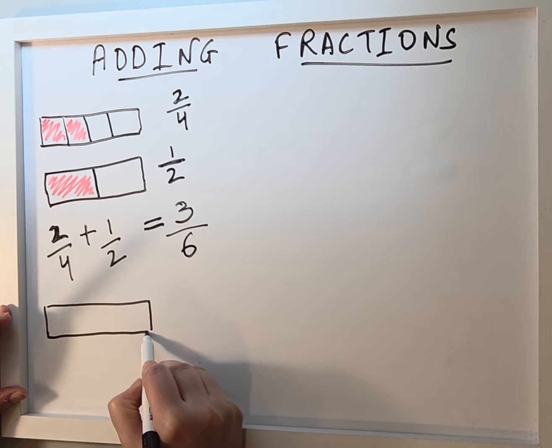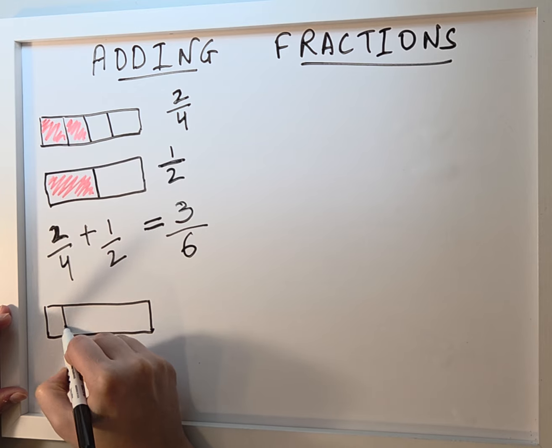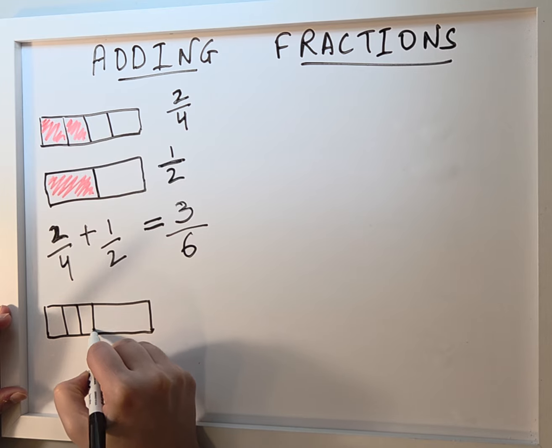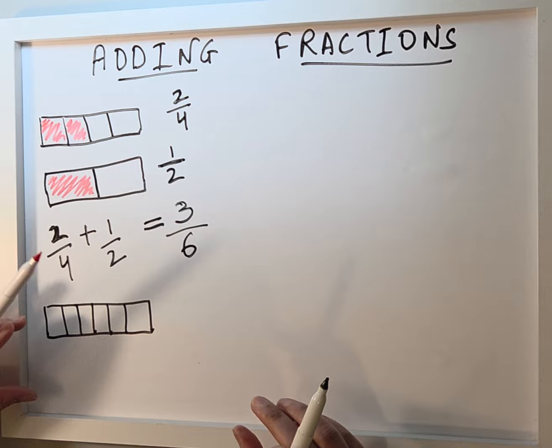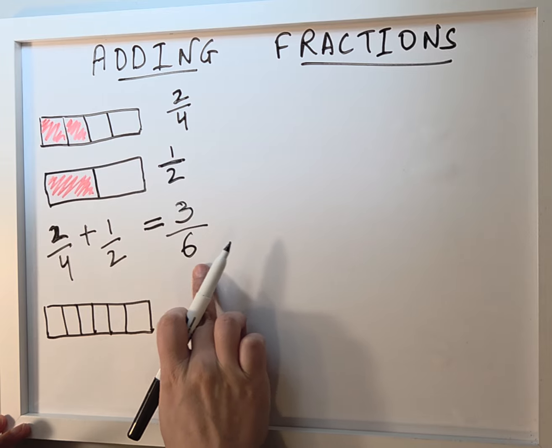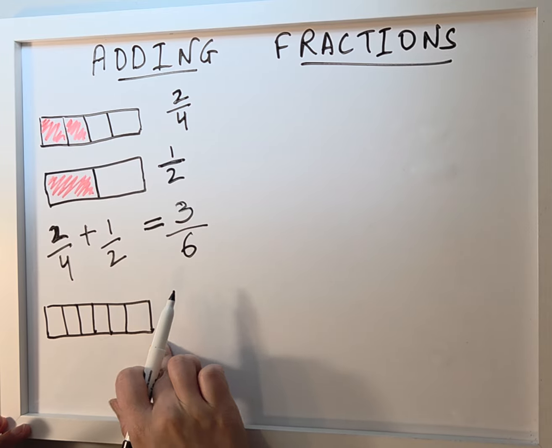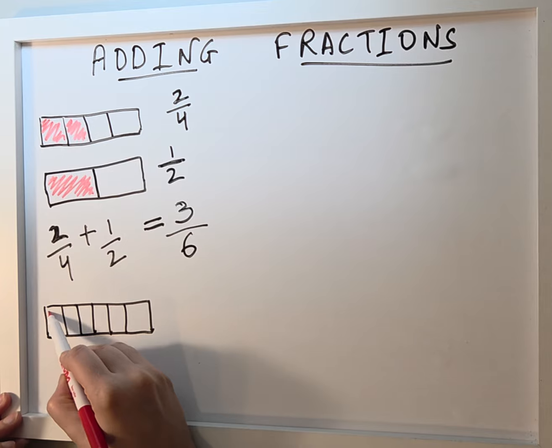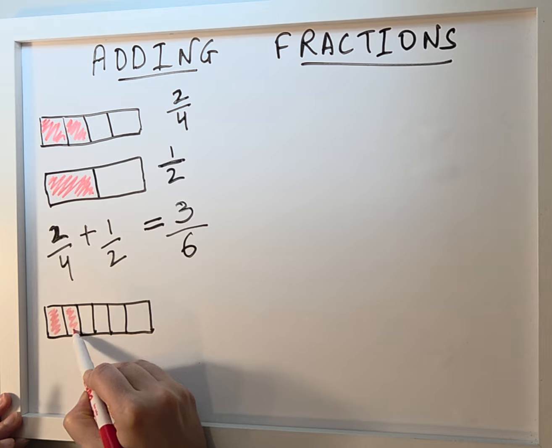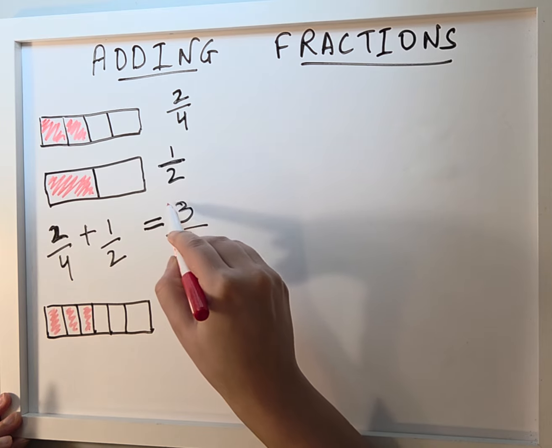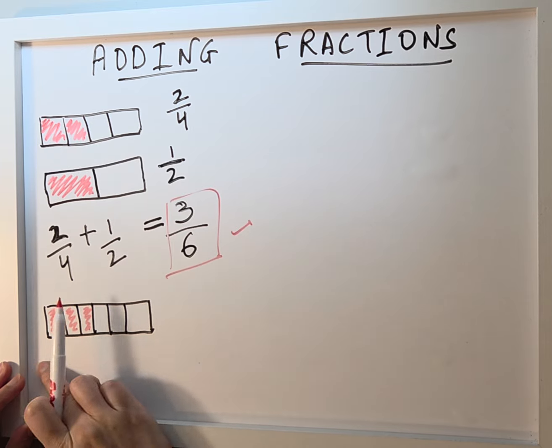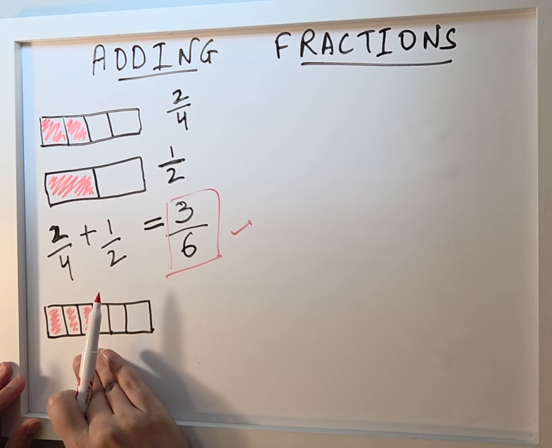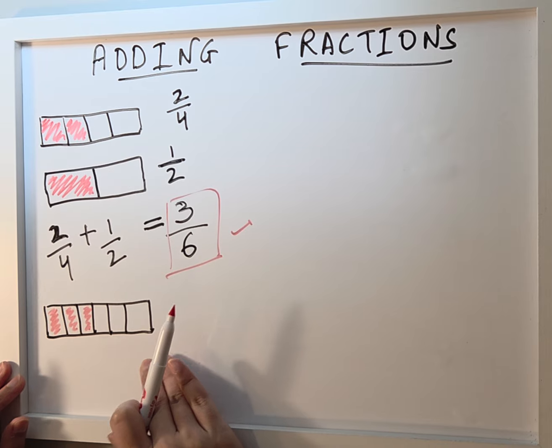If we take 1, 2, 3, 4, 5, 6, we have a similar box divided into 6 equal parts, and out of these 3 are colored. This is what the fraction represents: 3 portions are shaded out of 6.